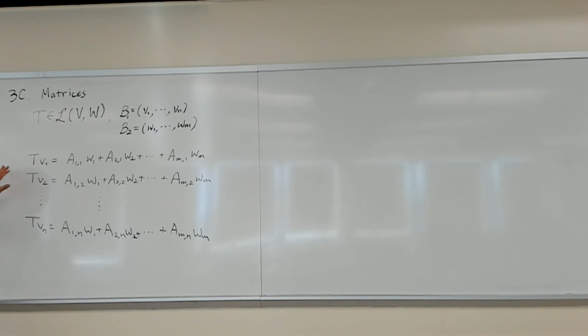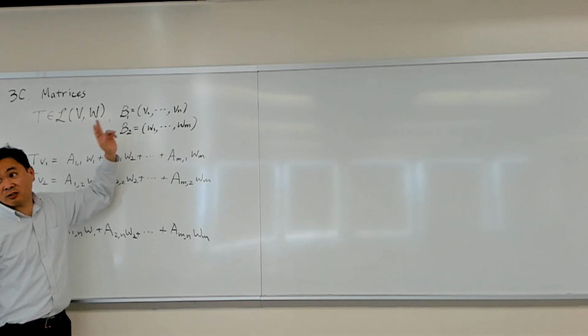Going back, you can always come up with such an equation for any linear map T from V to W with some chosen bases B1 and B2.